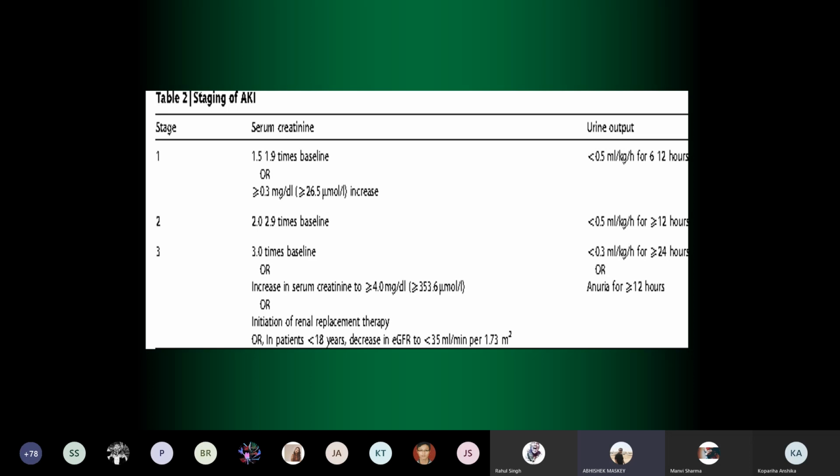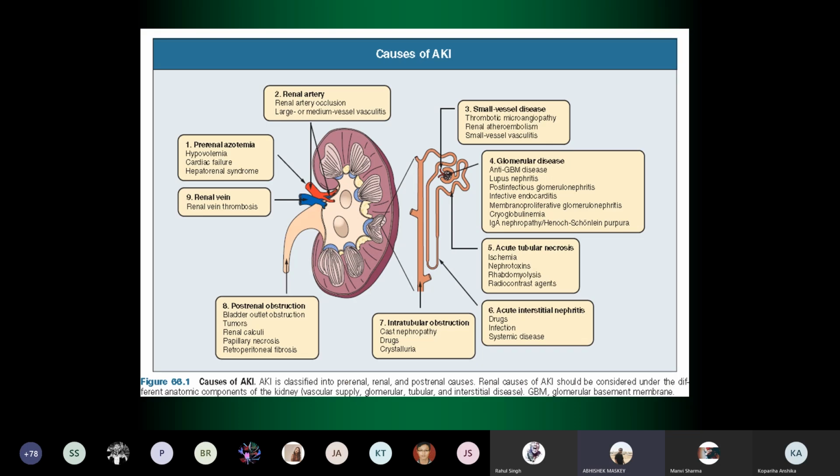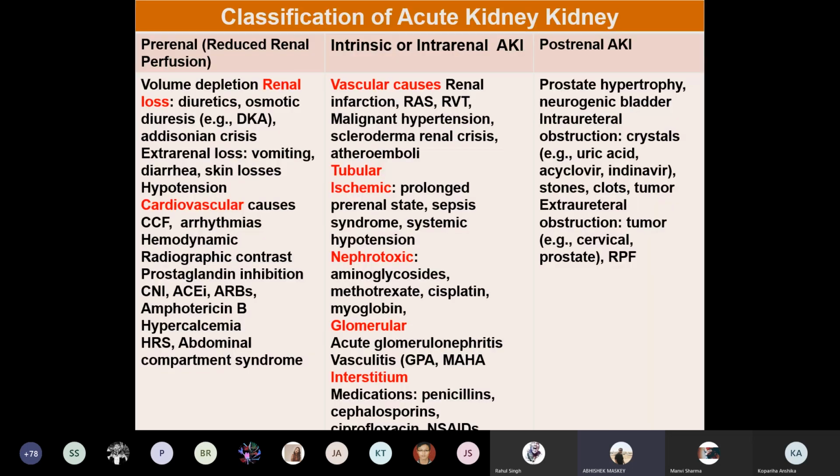So this is the staging. Let's not go into the staging also. This is a very busy slide. I just want to give you the overview of how we term it, so please don't study the boxes. There are so many things in the boxes which will confuse you. I just want you to understand how we proceed to find out the cause.